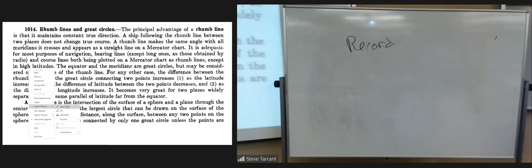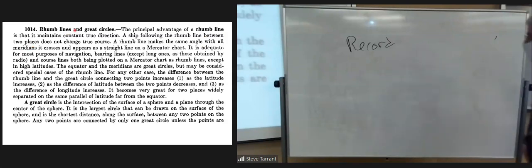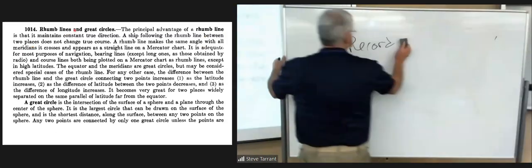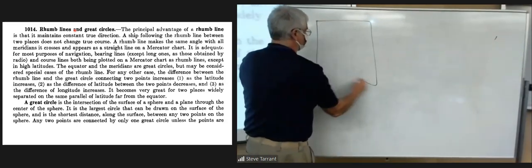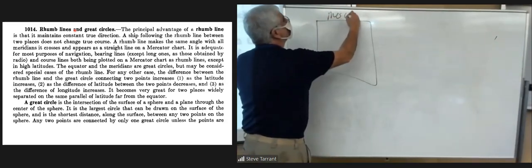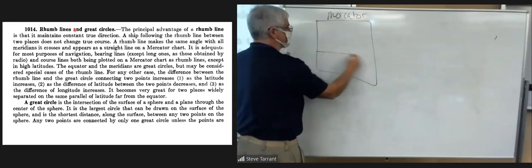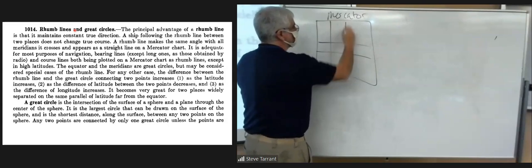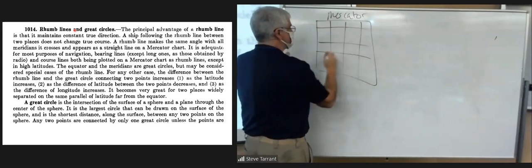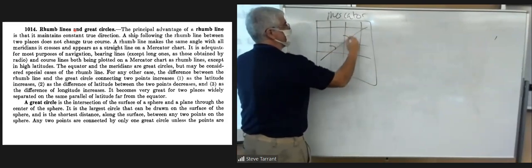Okay, great. The principal advantage of a rhumb line is that it maintains a constant true direction. When we're on a Mercator chart, you cross all the meridians at the same angle.